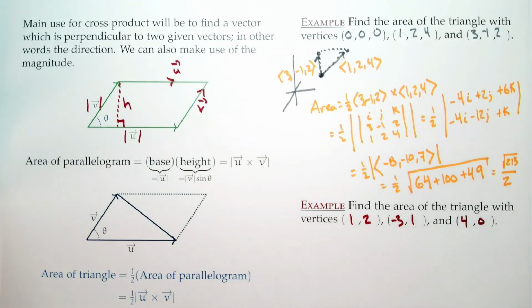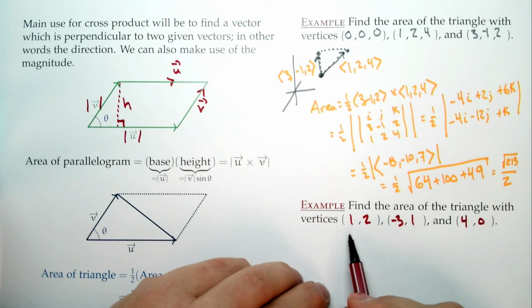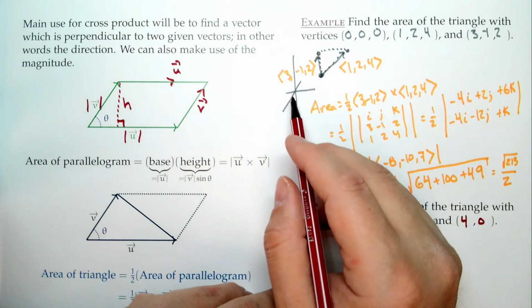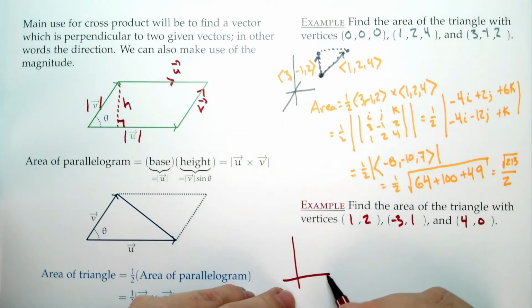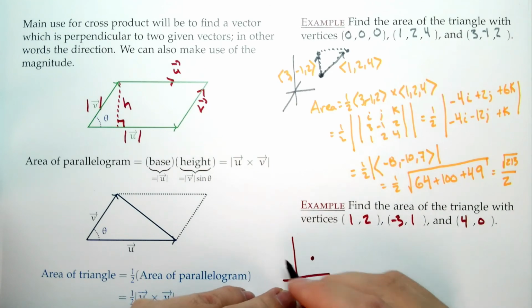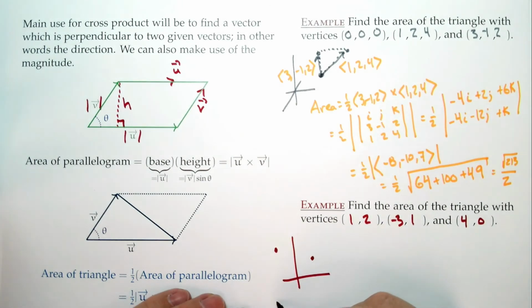Okay, so that's a triangle. But we have a problem. These are 2-dimensional. I have a set of points here in the xy plane, so I cannot form 3-dimensional vectors. That's 2 dimensions.